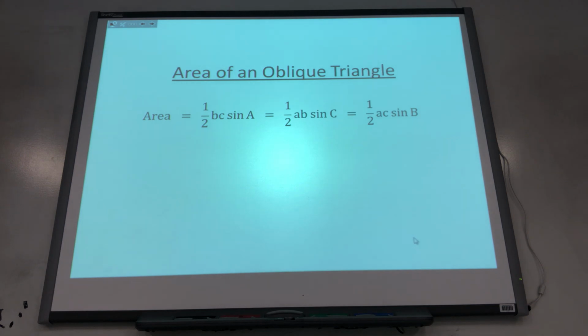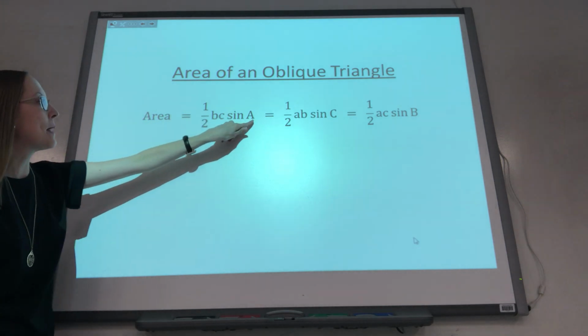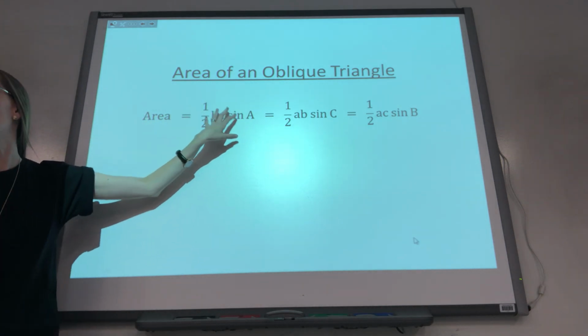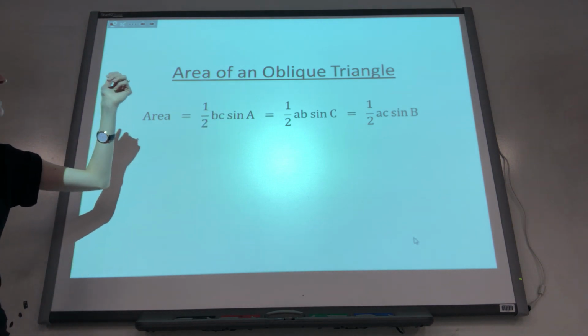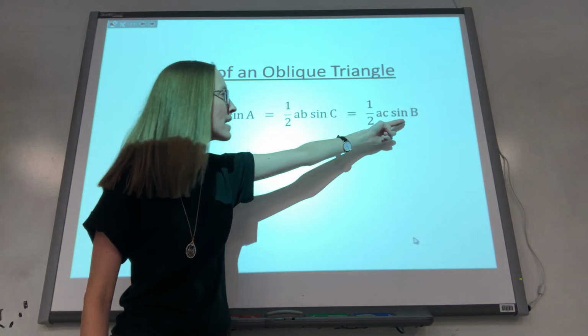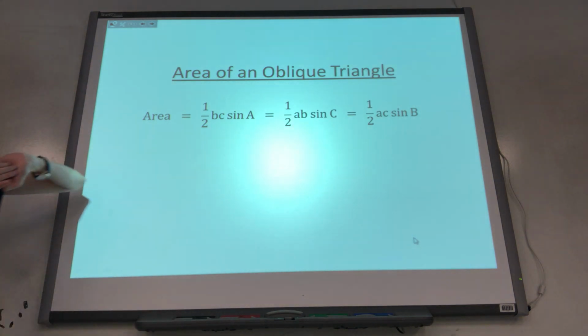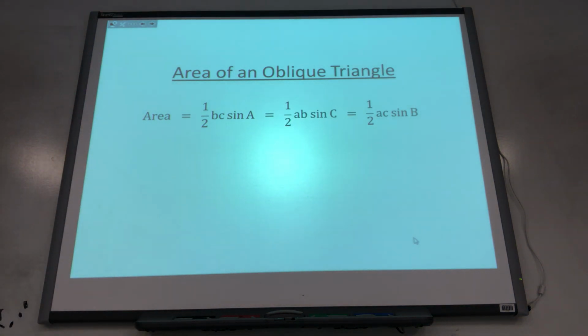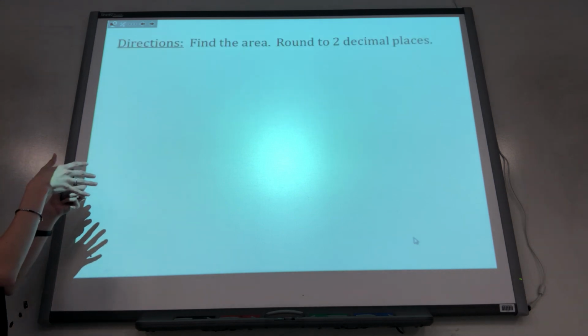What you want to pay attention to, though, is what they give you in the problem. If they give you little b, little c, and big A, you should use that formula. Or if they give you little a, little c, big B, use that formula. At no point do you have to use more than one. You're just picking the best fit.